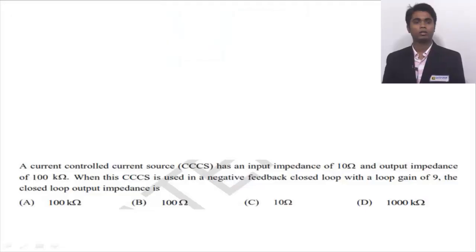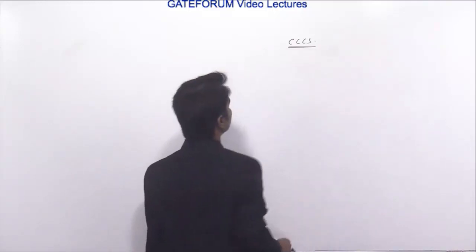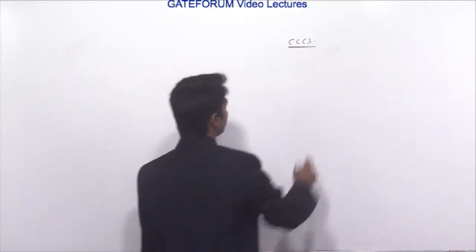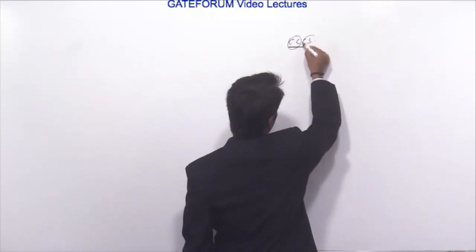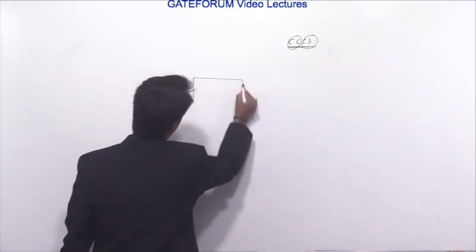A current controlled current source has an input impedance of 10 ohm and output impedance of 100 kilo ohm. When this current controlled current source is used in a negative feedback closed loop with a loop gain of 9, the closed loop output impedance is... See, it is given that it is a current controlled current source, which means at the input it is current controlled and at the output it is a current source.